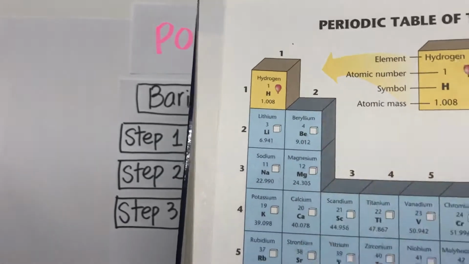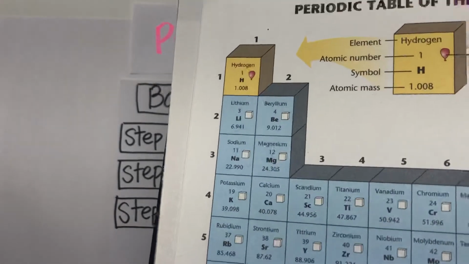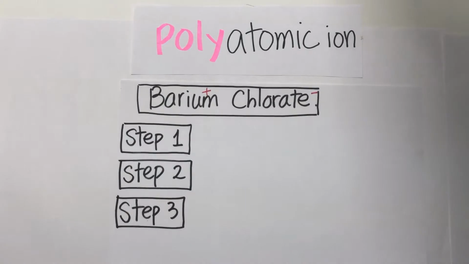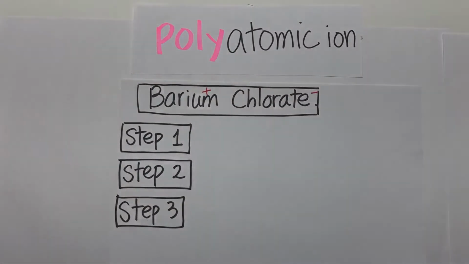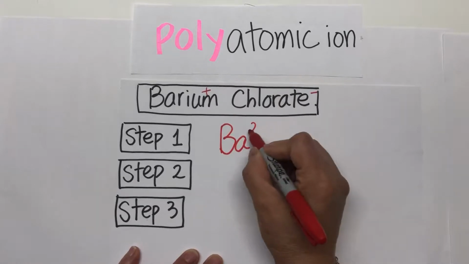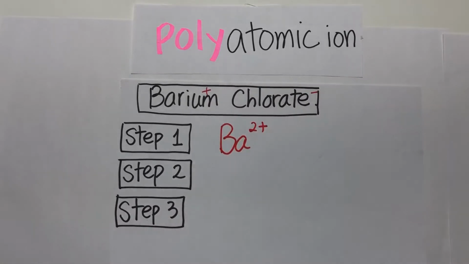Remember, this group needs to get rid of 2 valence electrons, so it has 2 plus. So first you have to write the symbol and the oxidation number for the positive one. So barium is Ba, and it has 2 plus.